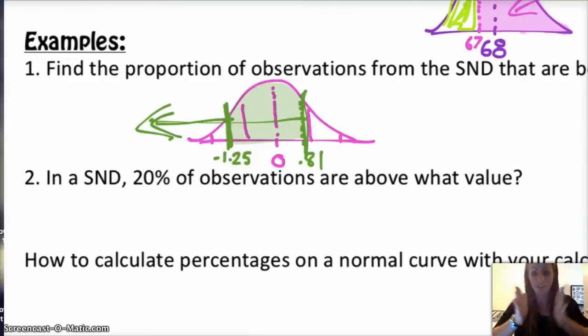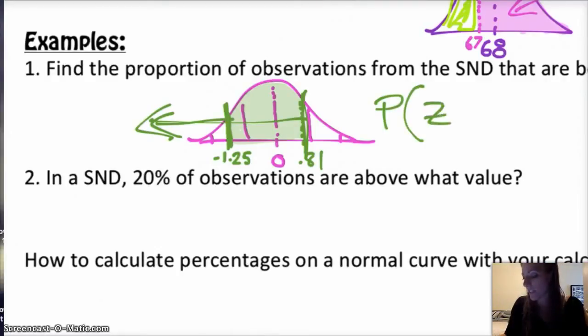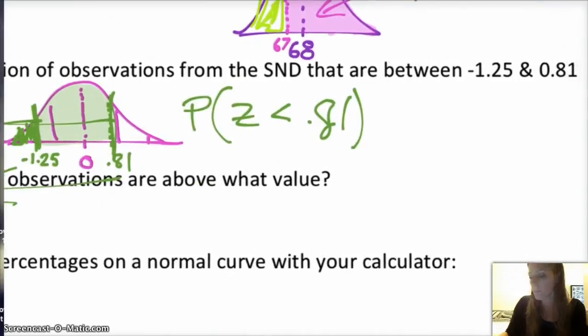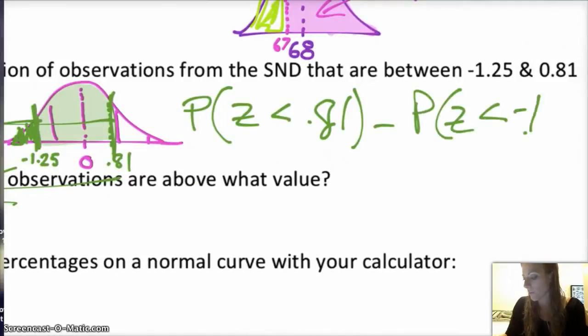In order to find that area in the middle, we're going to have to find the area below. I'm going to use my notation here: the probability that z is less than 0.81, that would be the 0.81 or less. I want that area minus this little green area in here, so minus the probability that z is less than negative 1.25. You just use your table to figure that out.